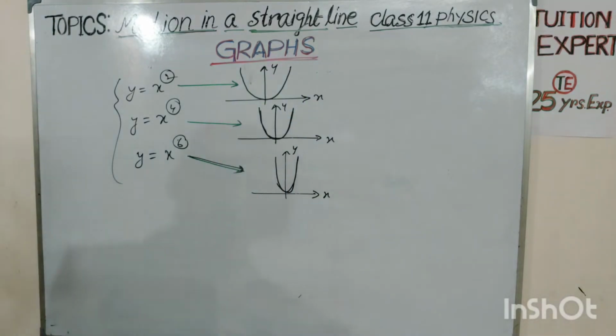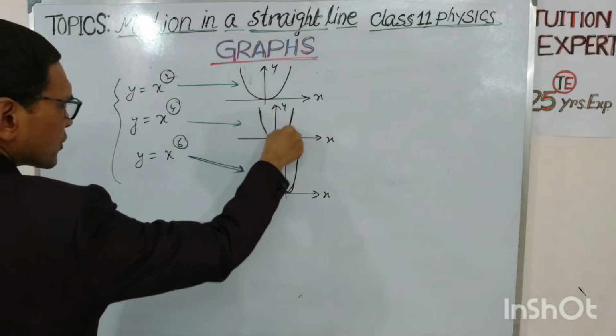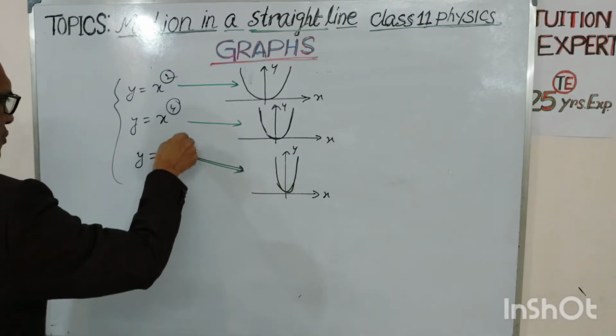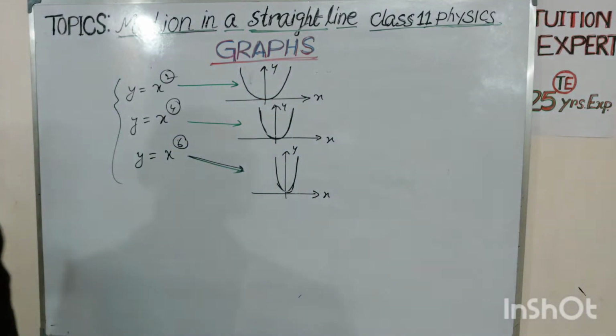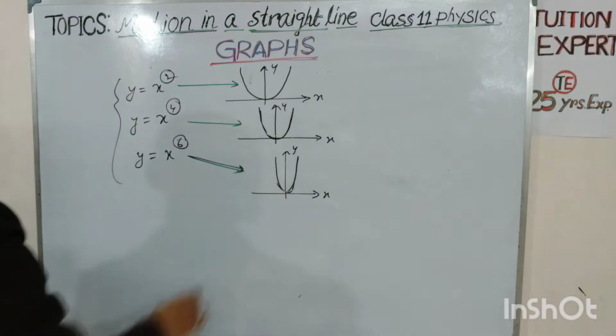To understand that, y equal to x square is flat, y equal to x to the power 4 is more narrow towards the y-axis. So if the power increases, the narrowness towards the y-axis increases.